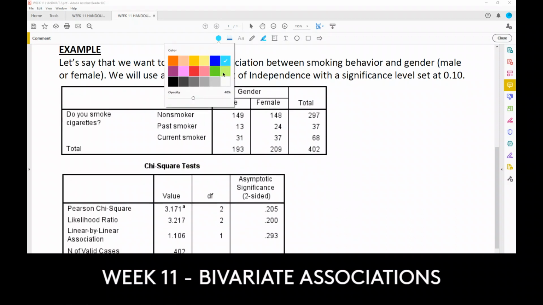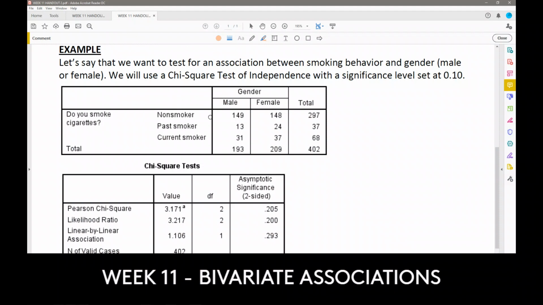Let's say we run a cross tabulation looking at the relationship between smoking behavior and gender. Smoking behavior has three categories: non-smoker, past smoker, and current smoker, and gender has two categories: male and female.